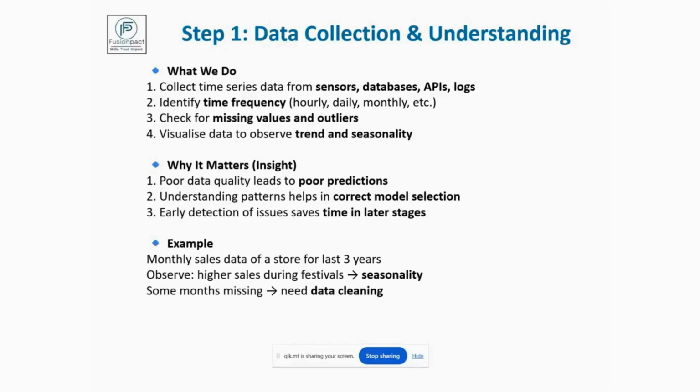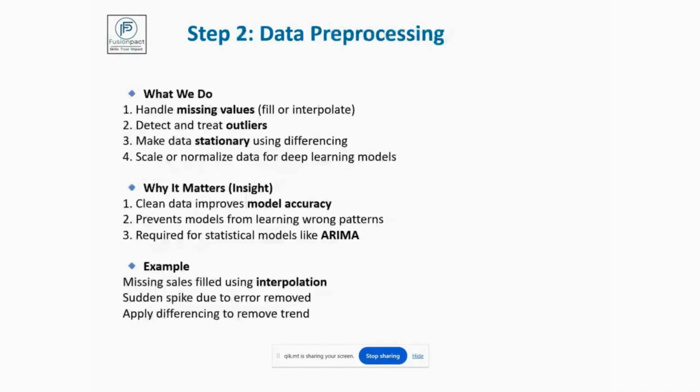For example, in store sales data, we may see higher sales during festivals, which shows seasonality, and some missing months, which means we need cleaning. This step is important because poor data quality leads to poor prediction, and early detection saves time later.